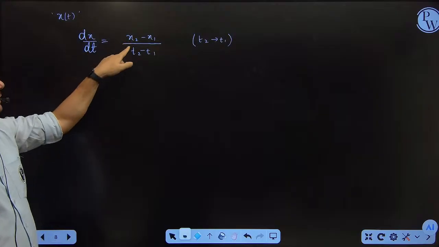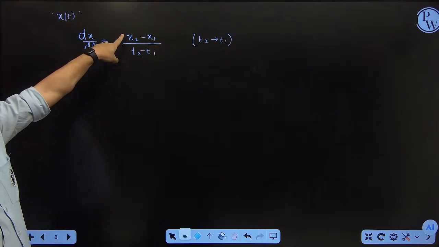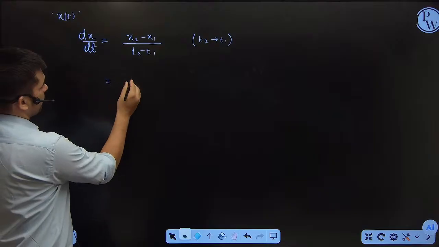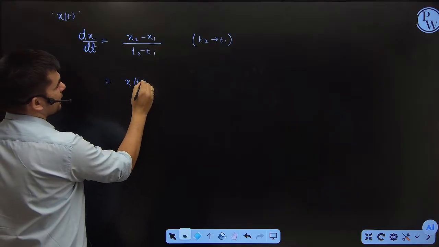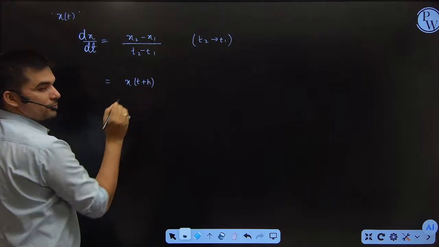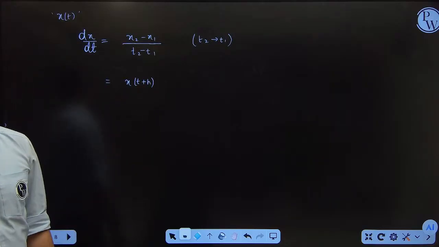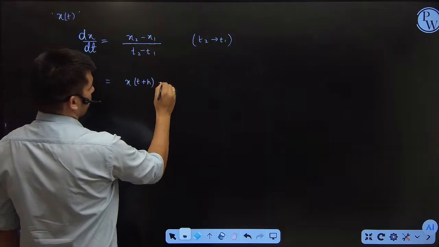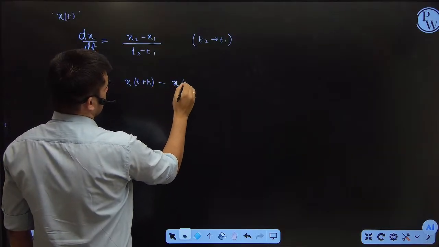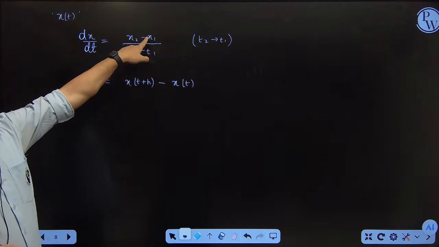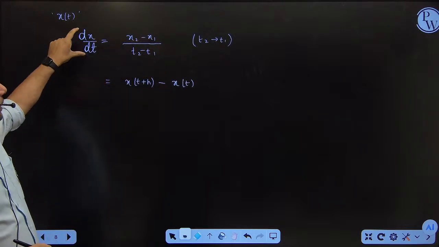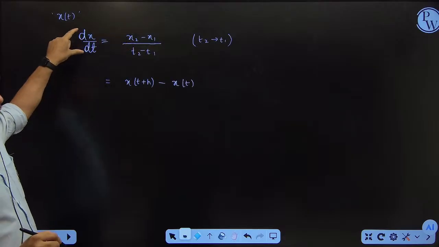So x2 minus x1, what is x2 in this case, tell me? Can I say this is nothing but x at t is equal to t2? And t2, can I call this as, let's say, t1 plus h, where h is tending towards 0? Similarly, the second one, what was x1? The initial point. So under which condition do you write this quantity as dx by dt, tell me?